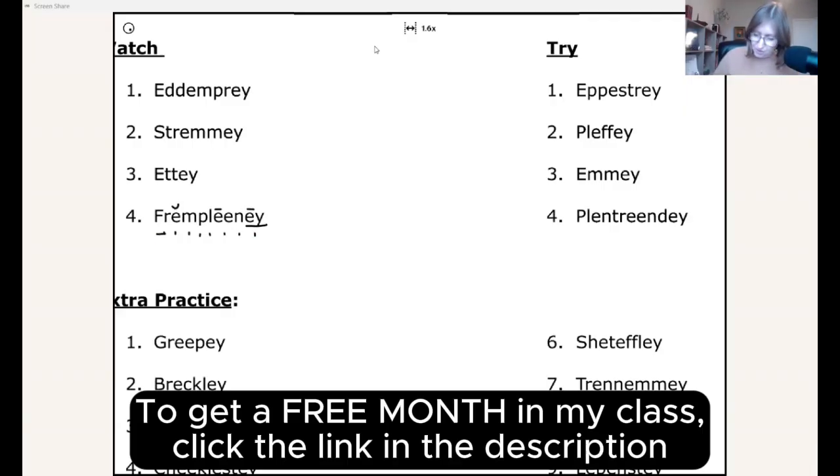So our sounds are F, R, E, M, P, L, I, N, E. Let's grab just one sound at a time. Fr, fre, frem, fremp, fremple, fremply, fremplini. This R right here and this L right here are going to be the 2 letters that are more challenging to make sure that they are in the right spot.